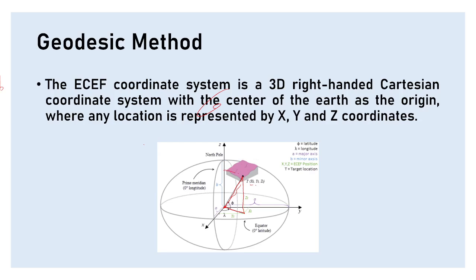So for this particular point, you will have xt, yt and zt. The phi shown here indicates the latitude. I don't think you have to go into that much detail. You just have to remember that in the ECEF coordinate system, any point on the surface of the earth will have an x, y and z coordinate. And you just have to remember that in the geodesic method, the assumption is that the earth is in the shape of an ellipsoid.